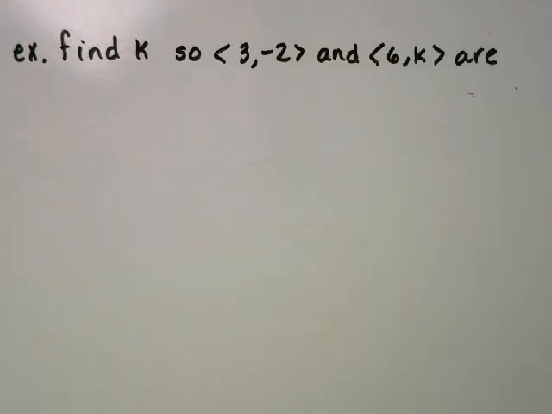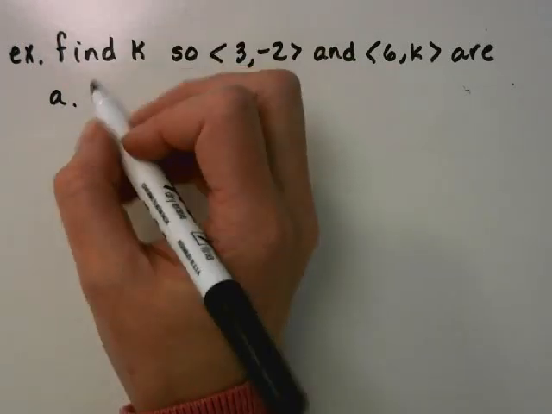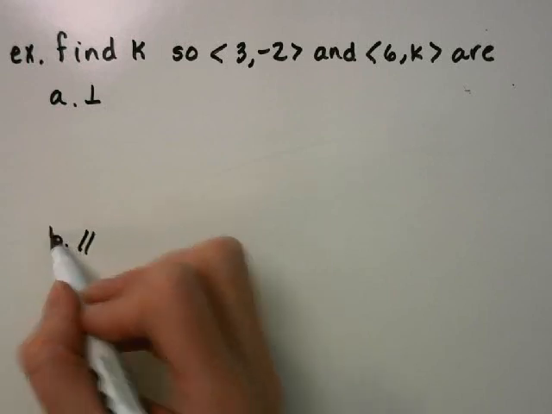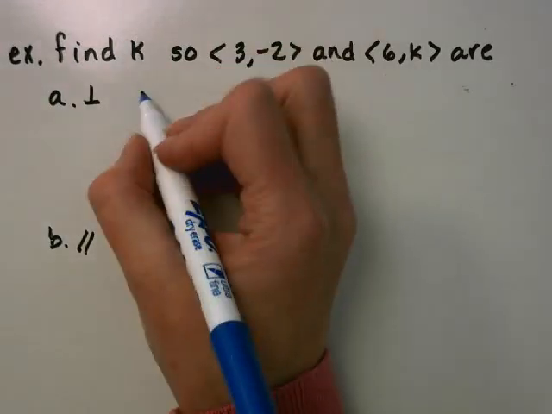For our last example, we're going to find k so that the vectors (3, -2) and (6, k) are perpendicular, and then we'll find the k that makes them parallel. To find them perpendicular, we're going to use the dot product.